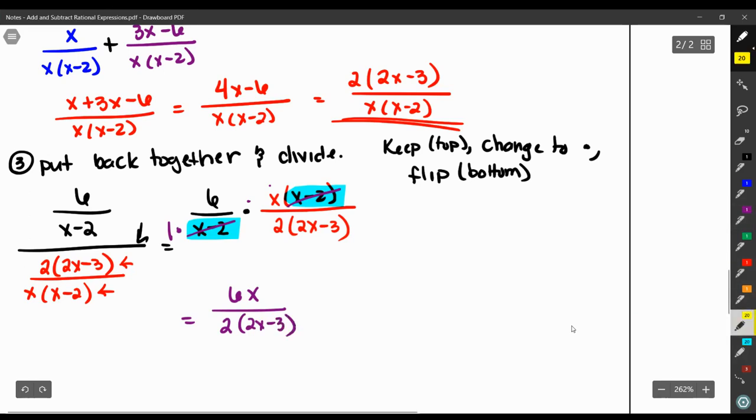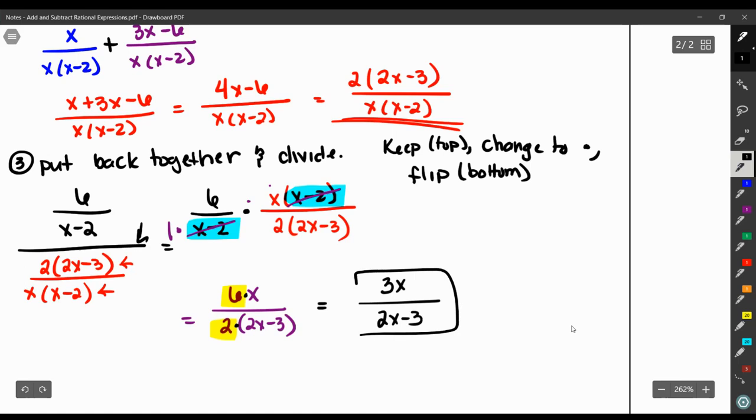One last thing is I see that 6 and 2 are both factors because 6 is being multiplied to x and 2 is being multiplied to 2x minus 3. So I can simplify 6 divided by 2. Well, 6 divided by 2 is 3, so 3x over 2x minus 3.